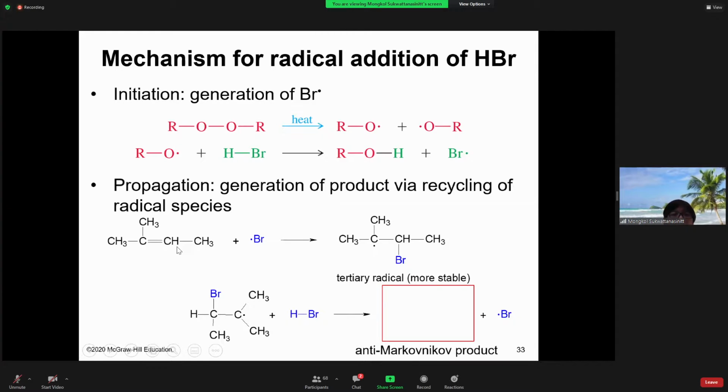If you do the addition of HBr according to the Markovnikov rule, what type of product would you get?